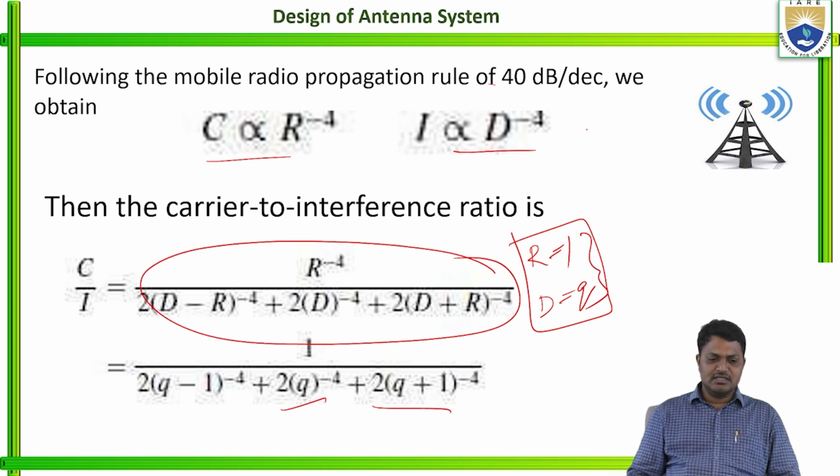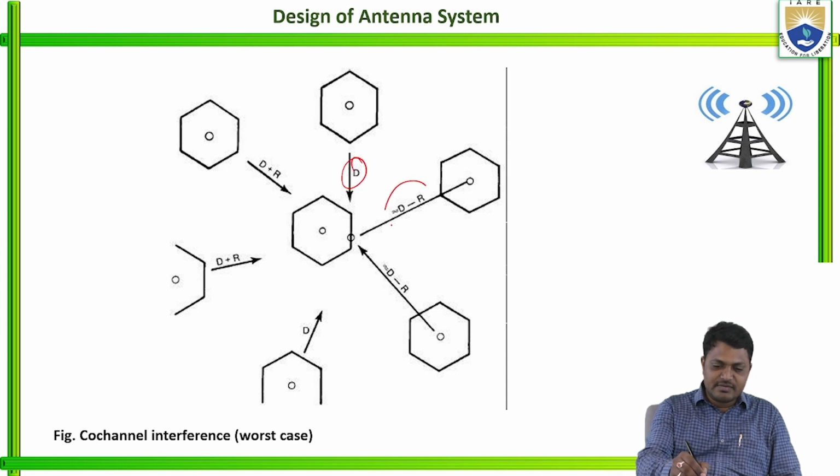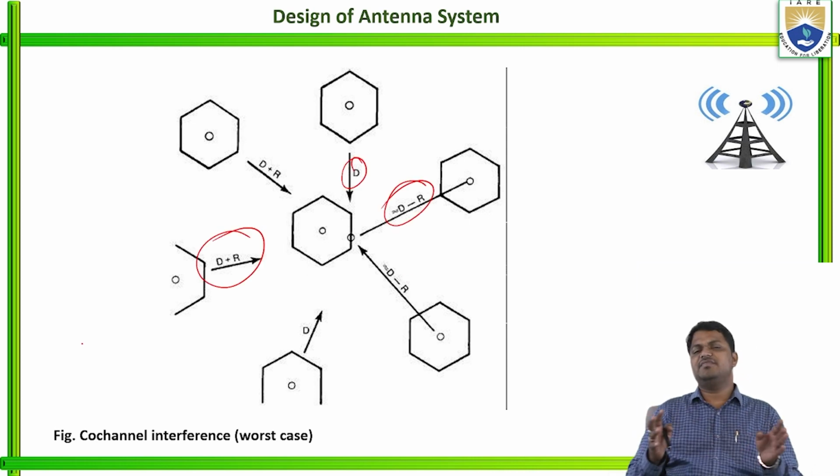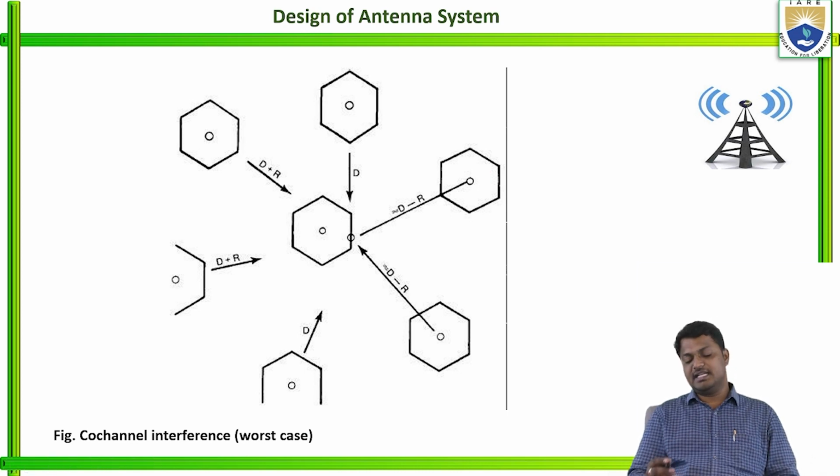Clear? Next. Just now we discussed D, D minus R and D plus R, the distances to the adjacent cells. In the worst case we take the co-channel interference. This image represents the co-channel interference in the worst case antenna design.